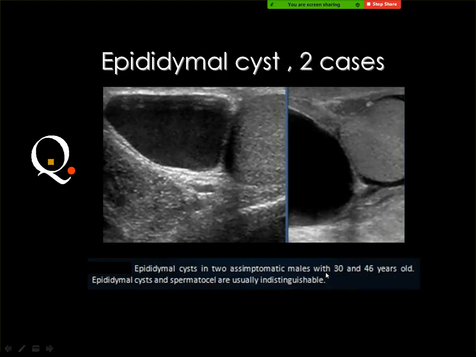Yes, both epididymal cyst and spermatocele are difficult to distinguish from each other, but if you can see some debris and maybe fluid level inside the cyst itself, you may think of spermatocele. But if you see that the fluid is clear, it may be an epididymal cyst or maybe a spermatocele.